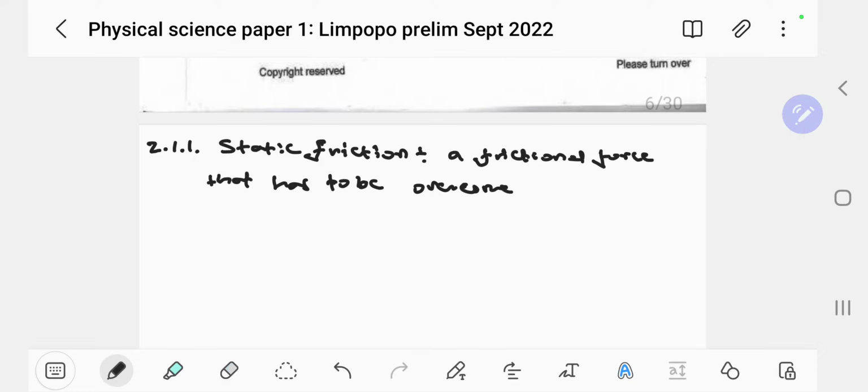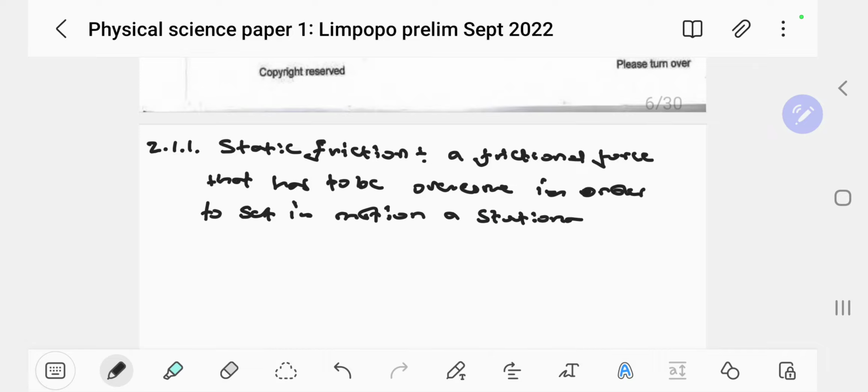You can even use that word, opposed. That has to be overcome in order to set in motion a stationary object. This chair is moving now. My writing is not the best, but you just see it.